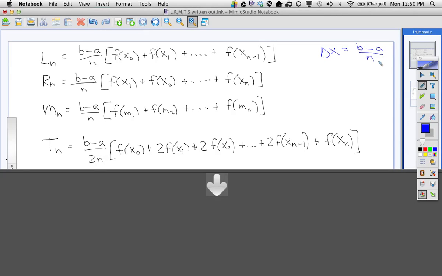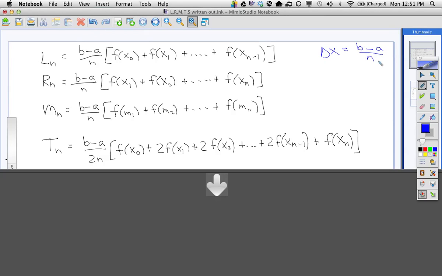So I only use those once. When I factor out the width and the 1/2, I'm left with 1 of the far left edge height, 2 of the next one, 2 of the next, all the way until I have 1 of the last one. That can be a quicker way to do a trapezoid.